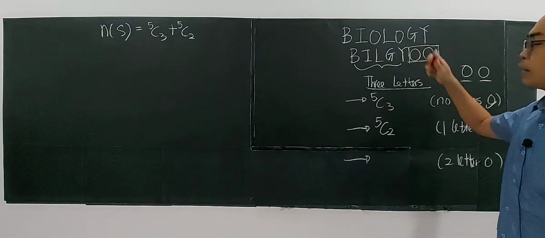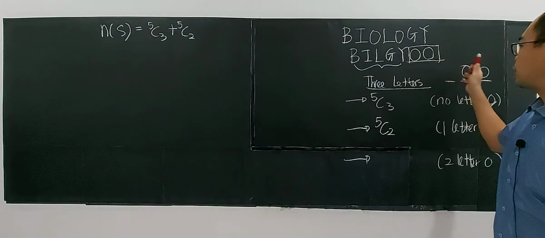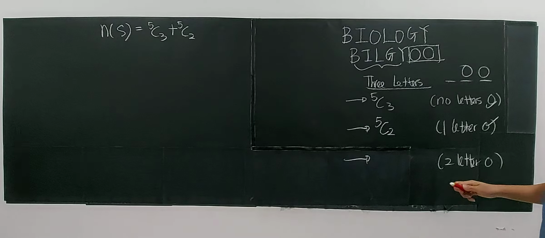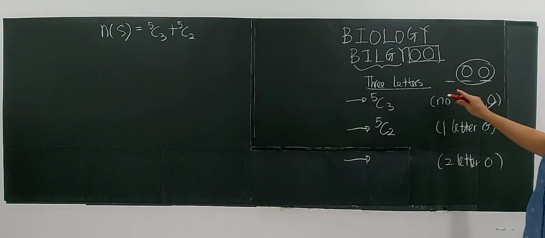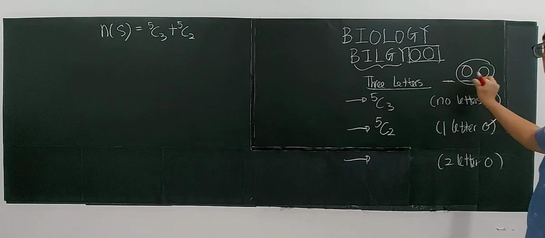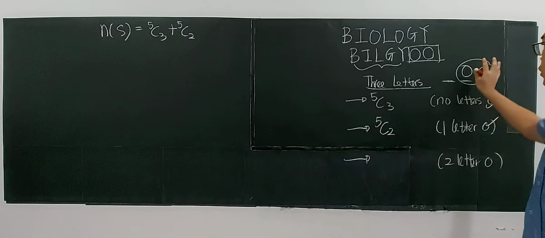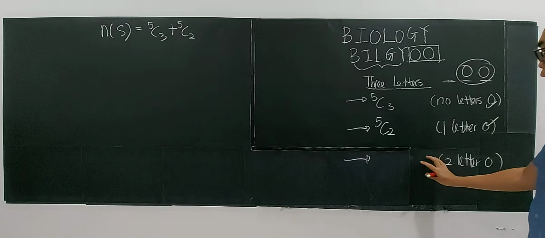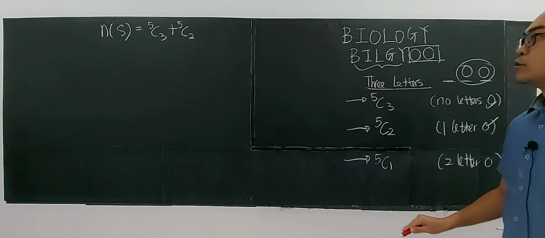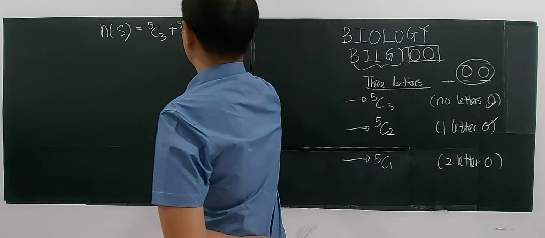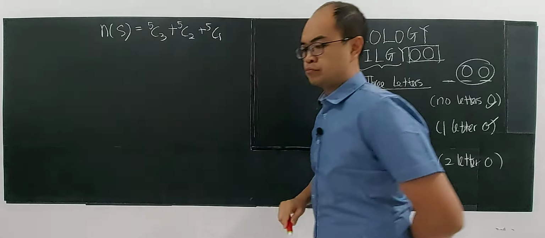Because O is the one that repeats, and we have to consider it carefully. So 2 letter O means the remaining one, the arrangement is not important, and I choose 1 from the other 5. Is there any more? No.